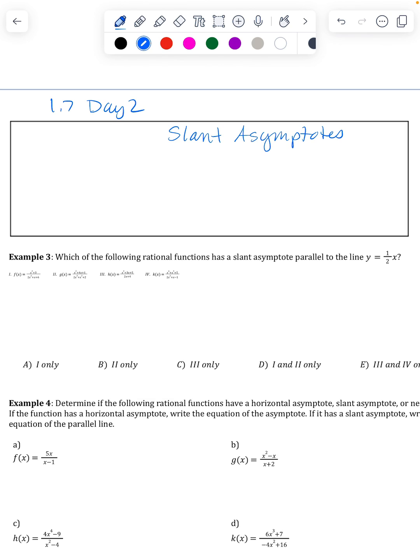Okay, we talked about this one briefly in day 1, and that's basically if the degree of the top is 1 greater than the degree of the bottom.